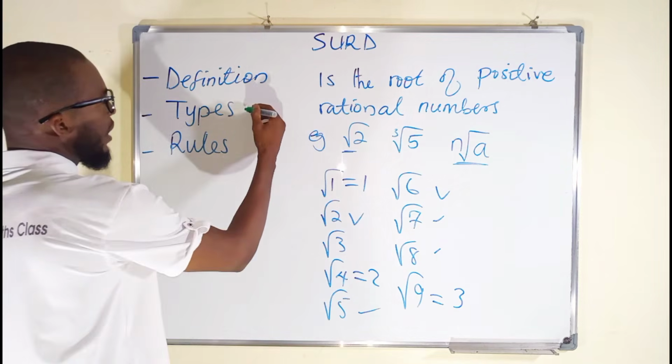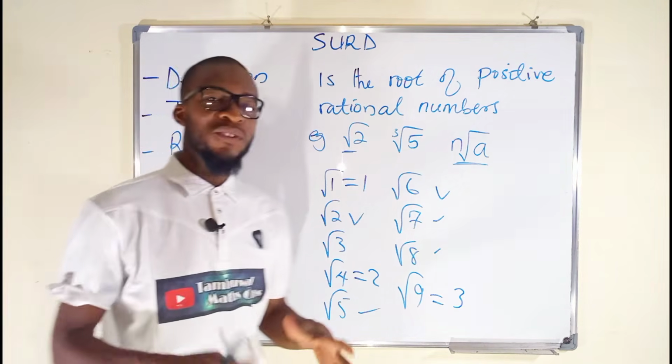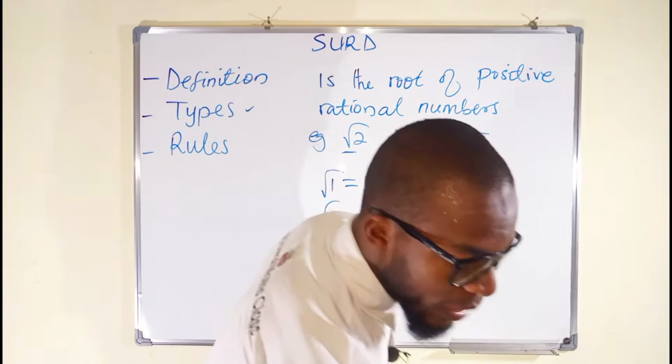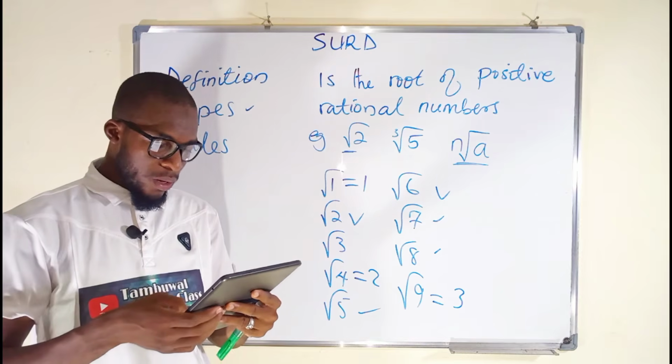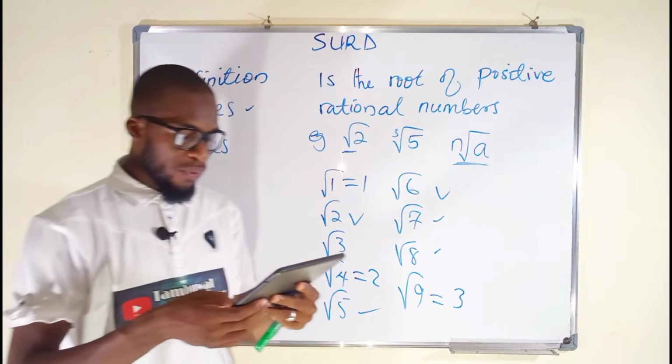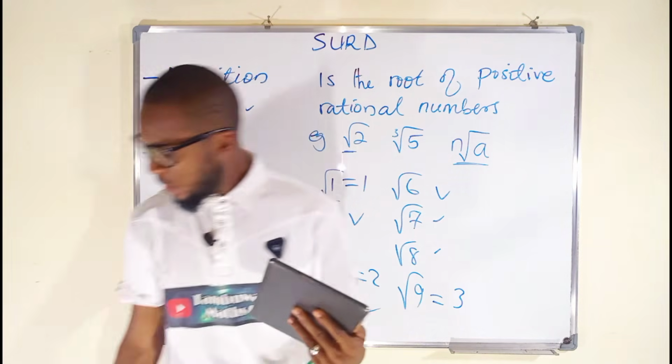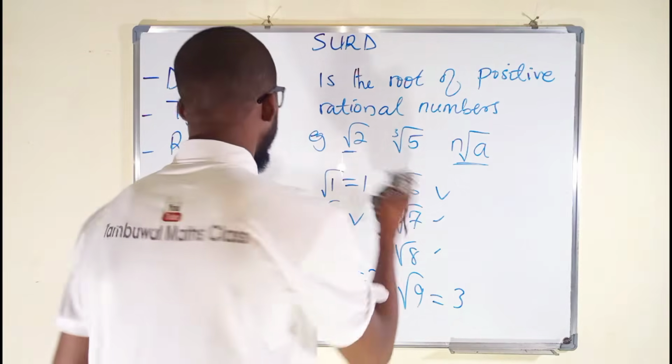Okay, moving on to types. I have summarized all these things. They are here in my tablet. Moving on to types. We have so many of them here.